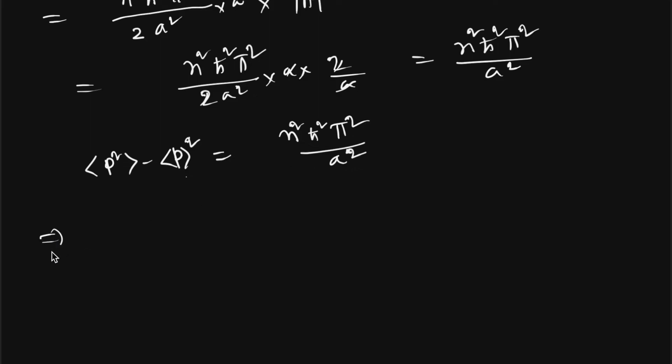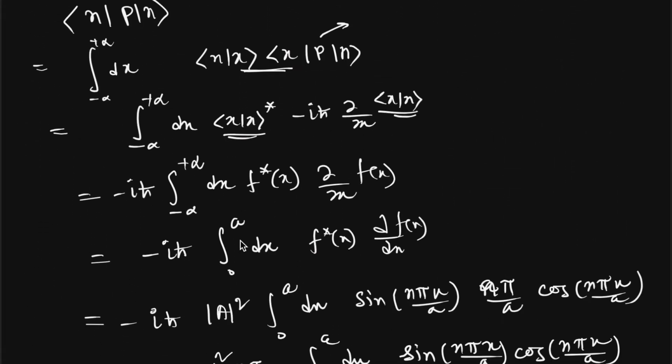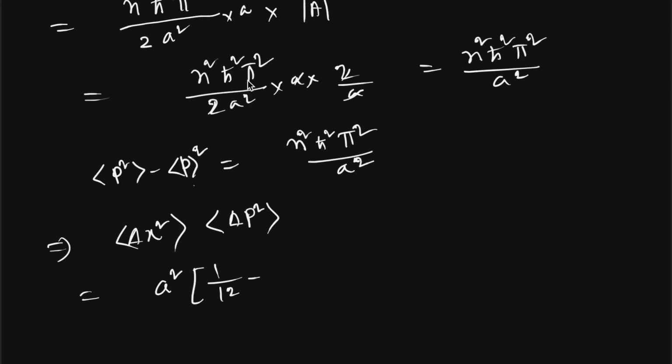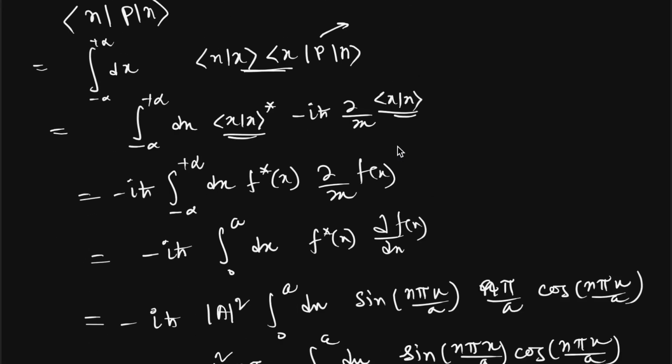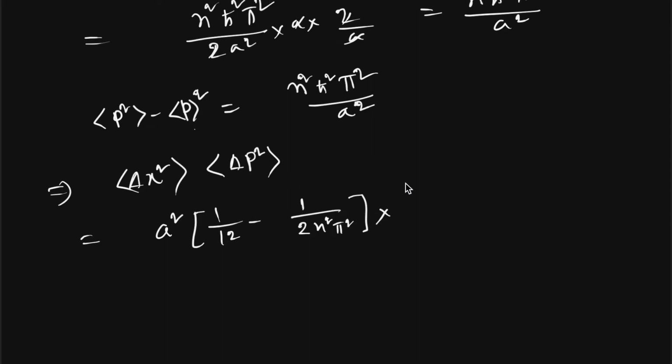So what will the uncertainty be? The uncertainty will be delta x square times delta p square, that is, delta x square is a square into (1 by 12 minus 1 by 2 n square pi square), multiplied by n square h cut square pi square by a square.